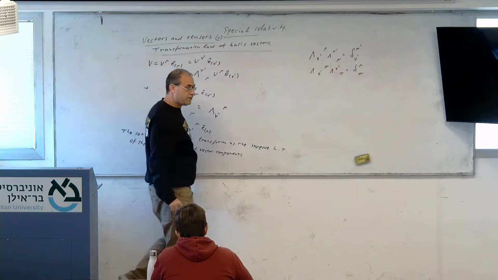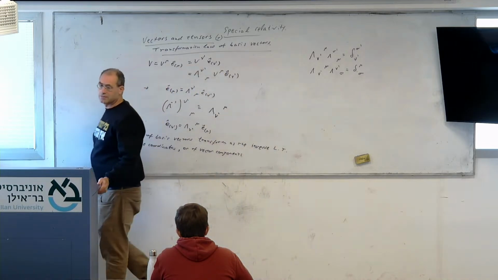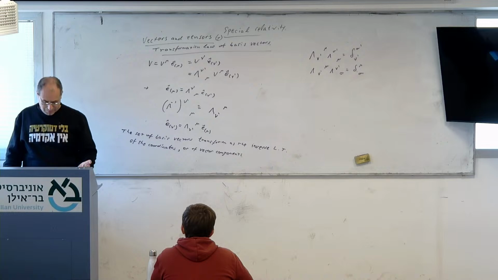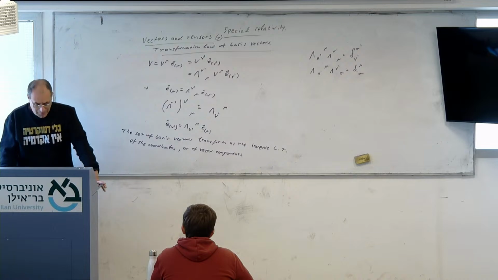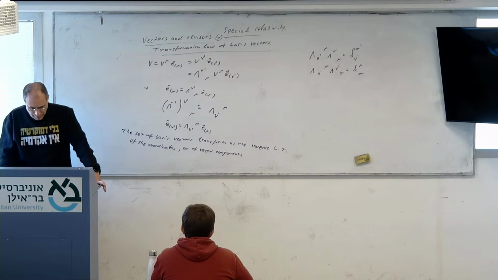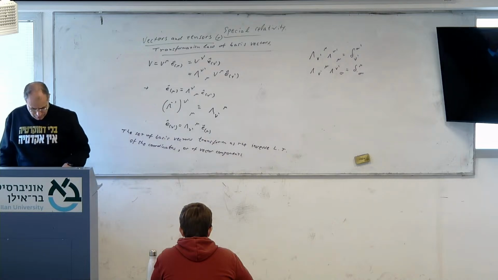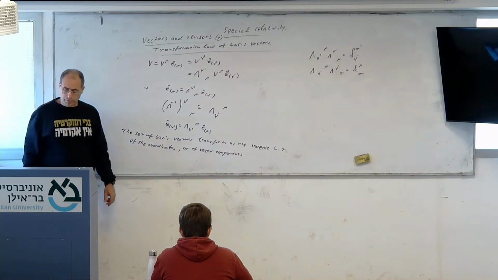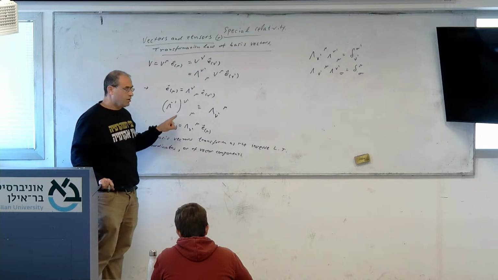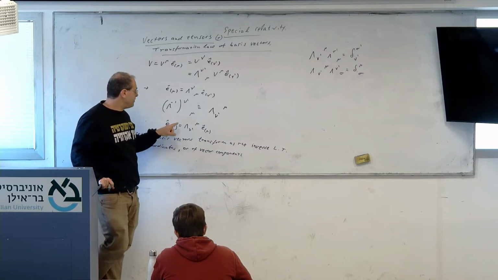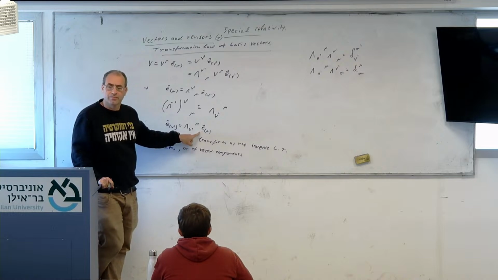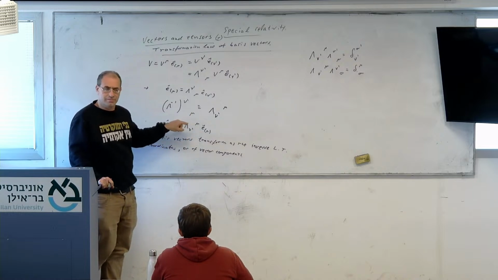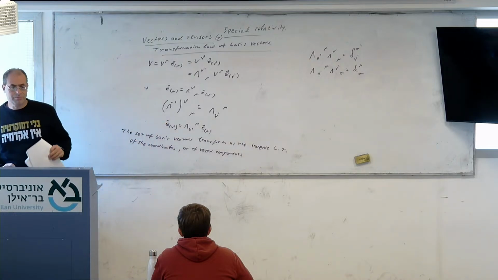Are all vectors contravariant vectors? I guess not necessarily, right? So we can think of objects whose transformation law is the same as the transformation law of the set of basis vectors.